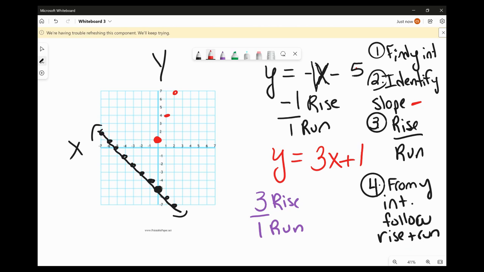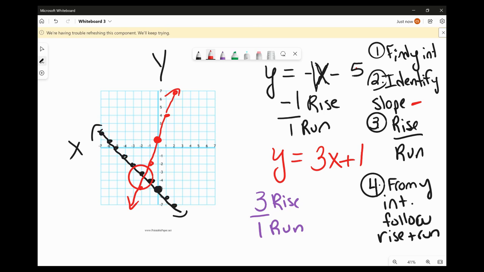And again, I can follow the pattern back the opposite way. It looks like this, and the intersection point would be right here. That's how we would graph, and we would use the coordinate pair.